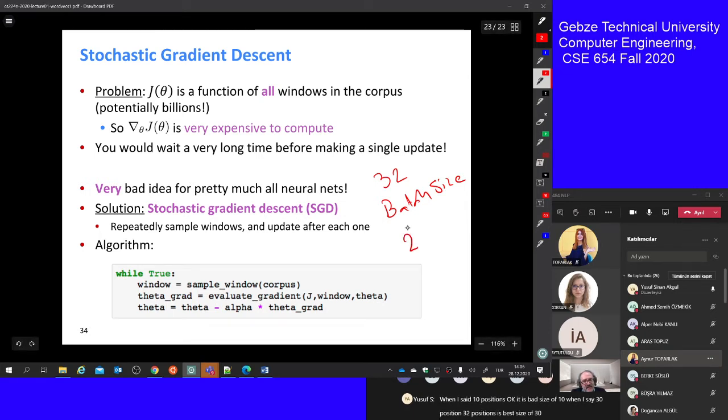Usually our batch sizes are powers of 2: 2, 4, 8, 16, 32, etc., because that's a nicely addressable batch size, and usually we fit those batch sizes on our GPU, and on the GPU calculating stuff is easy then. So that's the gradient descent, and we are going to look at it more carefully in a few more minutes. Any questions so far?